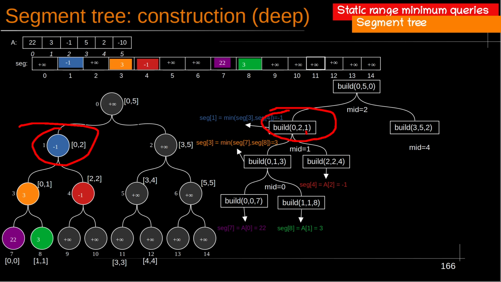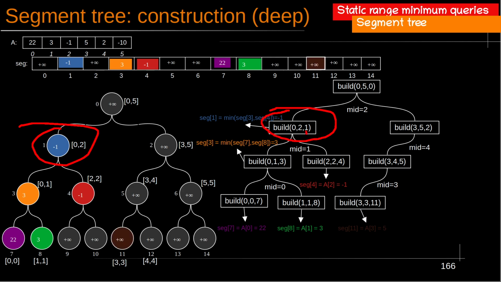From 3 to 5 at position 2, we can put the middle, which is 4. We can divide this by 2, from 3 to 4, and the left side for that one from 3 to 3, because the middle is equal to 3.